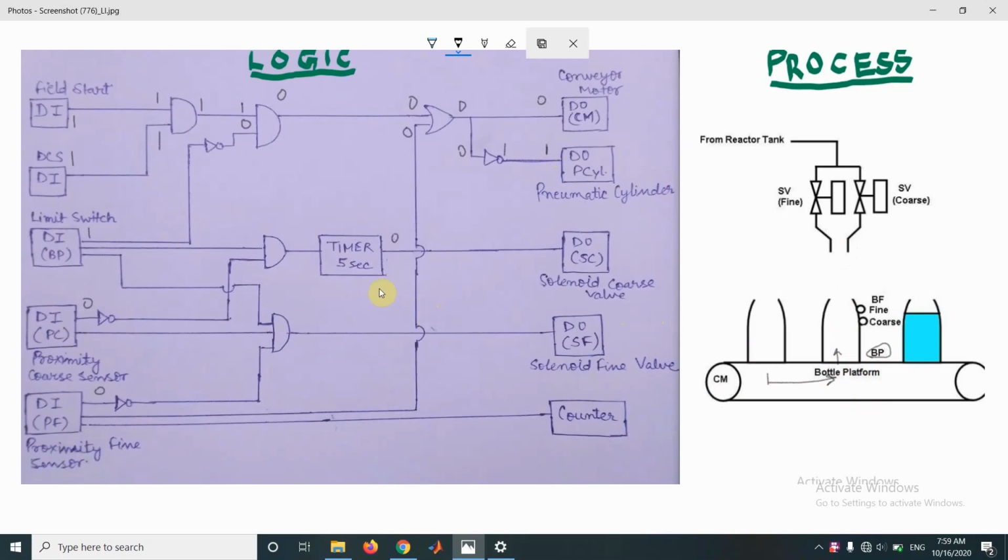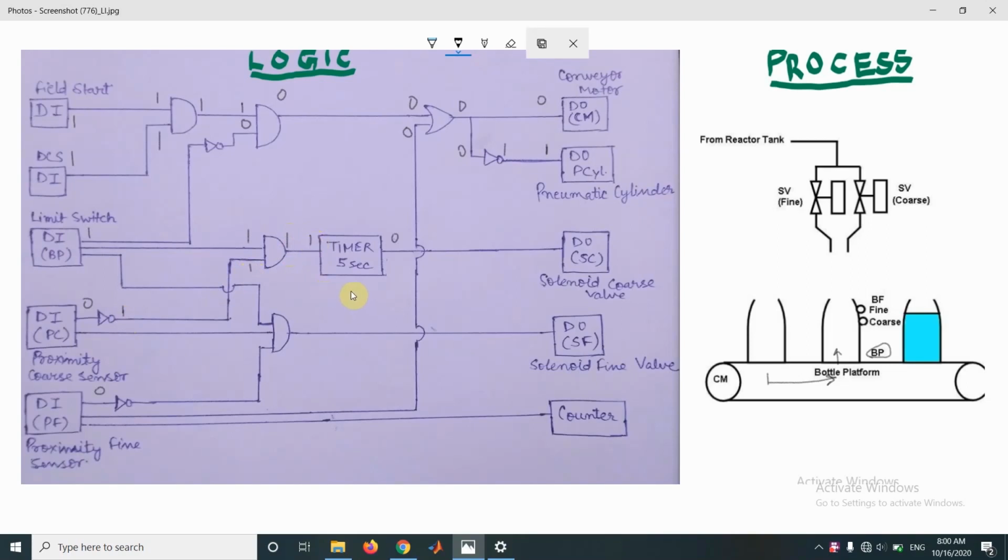Now, as I told earlier, to raise the bottle platform, 5 seconds are used. So, moving further, for this AND gate, due to this limit switch, this input would be 1, and due to this NOT gate, the other input would also be 1. This AND gate becomes logically on, and the timer of 5 seconds is initiated.